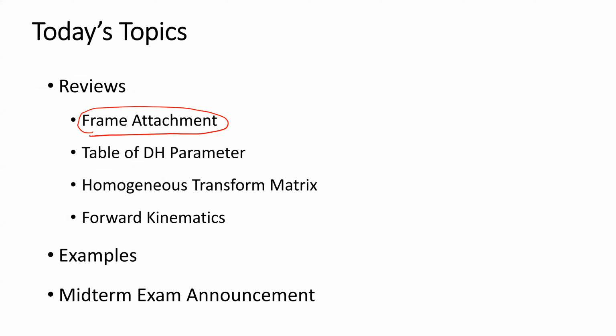And again, we will show how we can obtain the DH parameters to construct a table of DH parameters. And we also show the matrix for the homogeneous transform and the way to obtain the forward kinematics. Just a review, because we have already completed this last week. So today is just a review from last week.